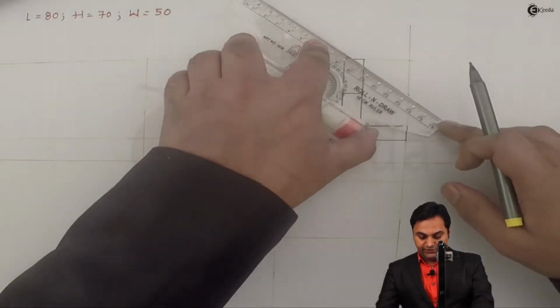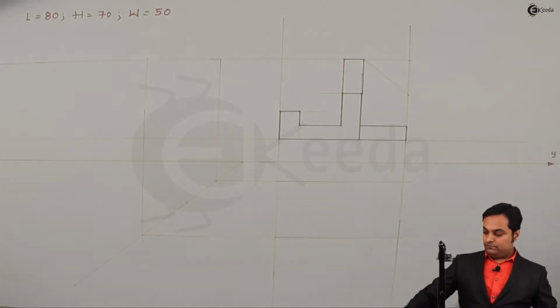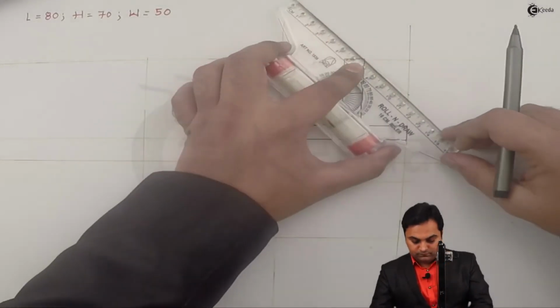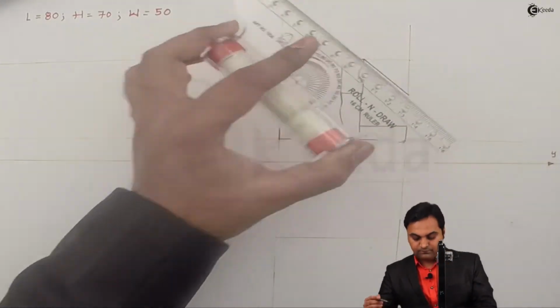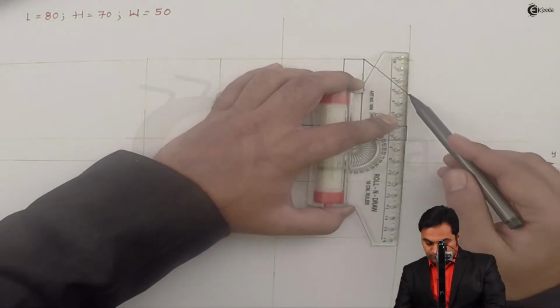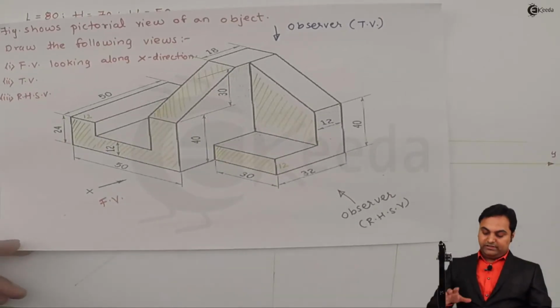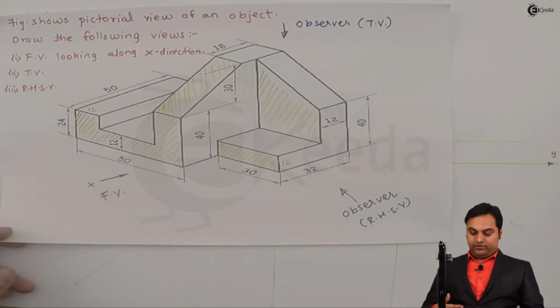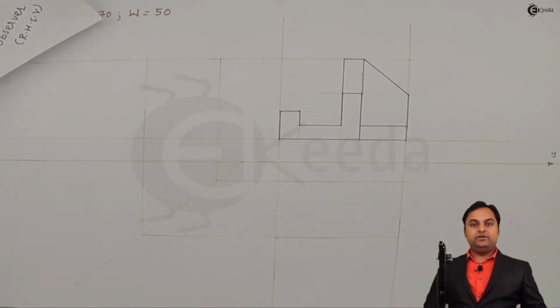So here I'll join it. I can say that only this much portion is visible from the front, that is whatever I have completed here will be the visible front view.